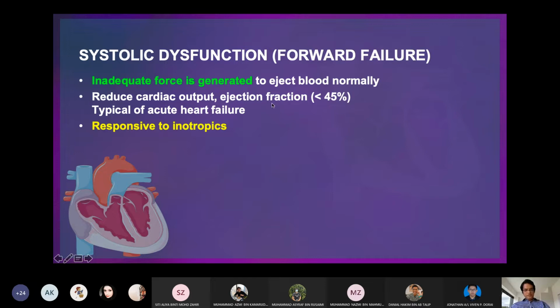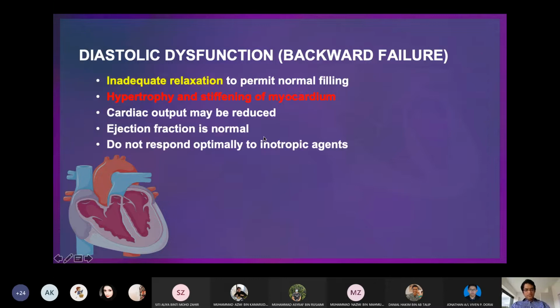So either your ventricular muscles are lax and fatigued, or there may be aortic stenosis. Diastolic dysfunction means inadequate relaxation, mostly because of hypertrophy. That is the most common reason for diastolic dysfunction. So during the diastolic phase, the ventricle cannot expand enough to hold the required amount of blood we need.